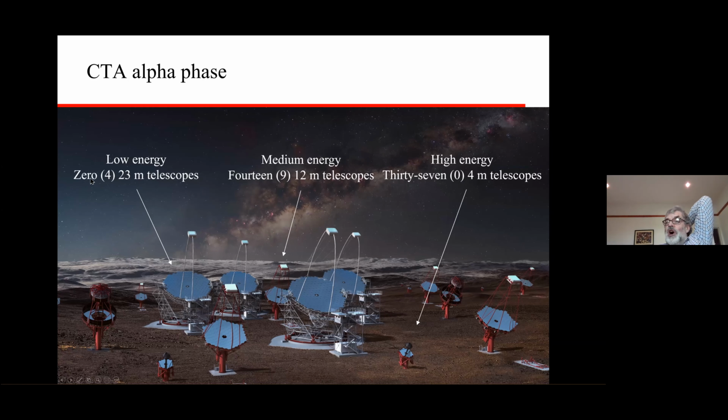So there'll be initially no large telescopes on the southern site. There'll be 14 medium-sized telescopes, and there'll be 37 small-sized telescopes. What we'll do now is look at the performance we expect with this array, which is the one that we've actually managed to get funding for, and how we're progressing with the design of the telescopes and the cameras.